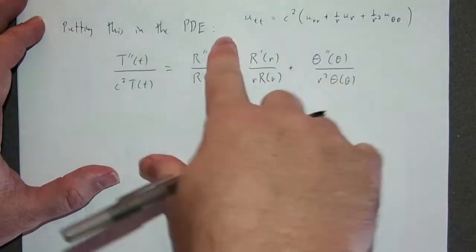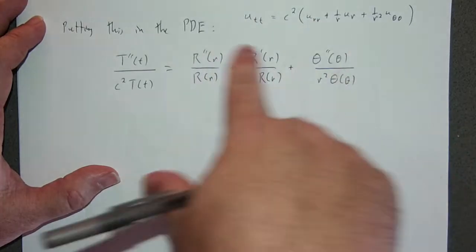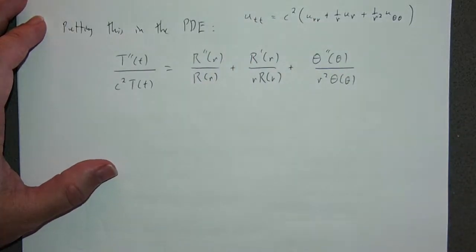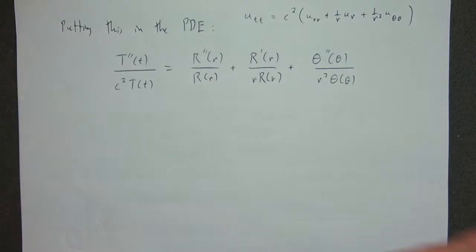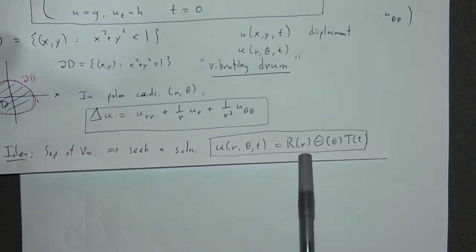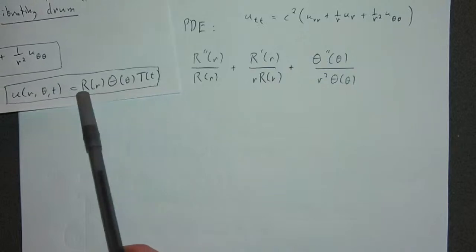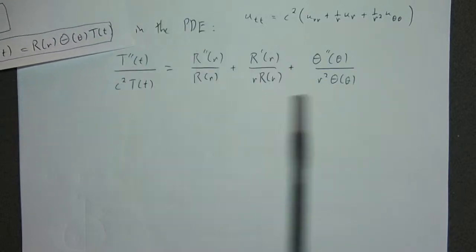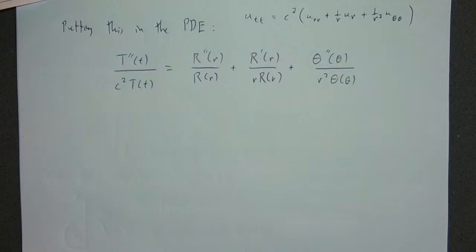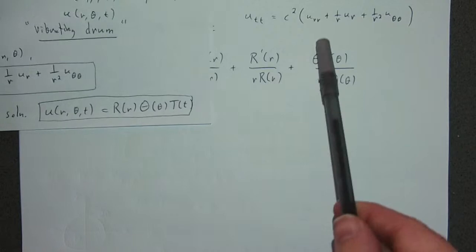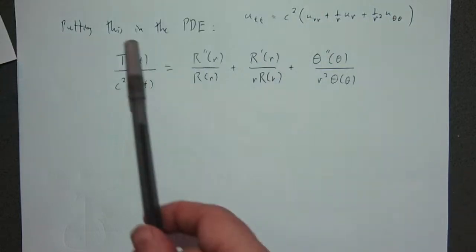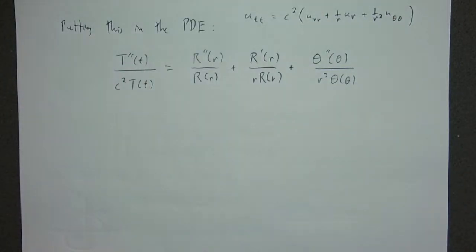And so dividing through by c squared here, you see exactly where this expression comes up. I get this separated solution everywhere. I have extraneous r, theta, and t terms everywhere they're not involved. So if I divide through by those, this is exactly what I get. Okay. So plug this into that PDE, do a little bit of algebra, and this is exactly what I get. As usual, this is the typical thing that happens.